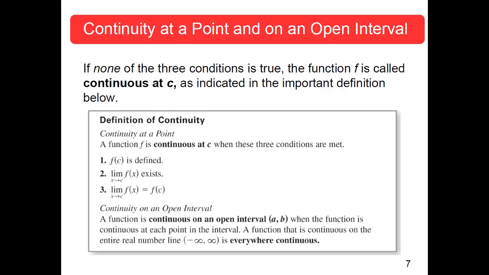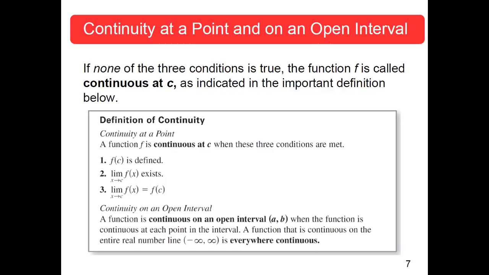Now, what does it mean to be continuous on an open interval? That simply means that the function is continuous at every point. Okay? There are often going to be times where we consider functions that are continuous over the entire real number line, and we'll use the term everywhere continuous for those functions.